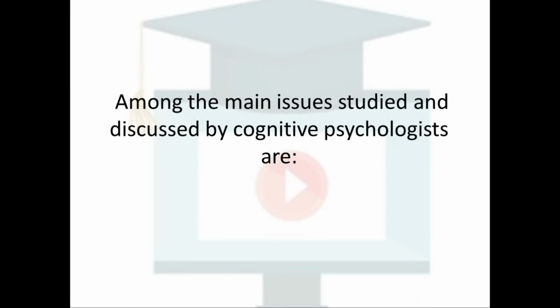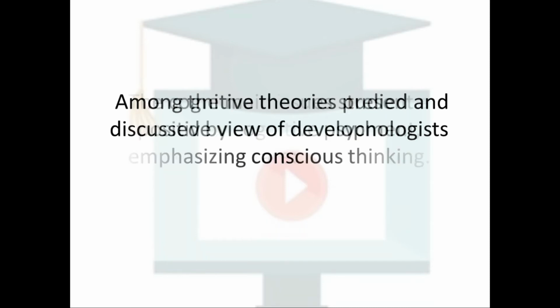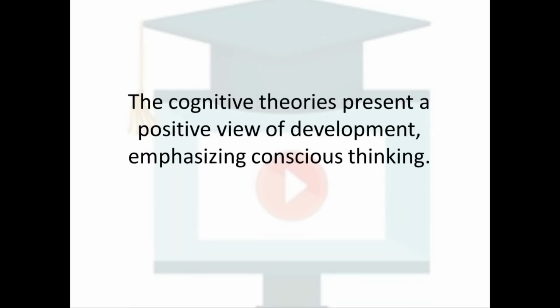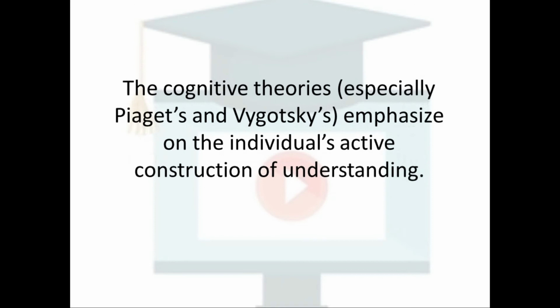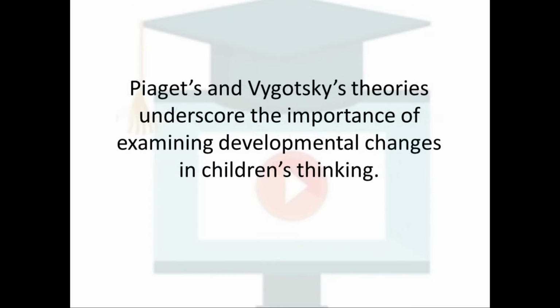Among the main issues studied and discussed by cognitive psychologists: the cognitive theories present a positive view of development, emphasizing conscious thinking. The cognitive theories, especially Piaget's and Vygotsky's, emphasize the individual's active construction of understanding. Piaget's and Vygotsky's theories underscore the importance of examining developmental changes in children's thinking.